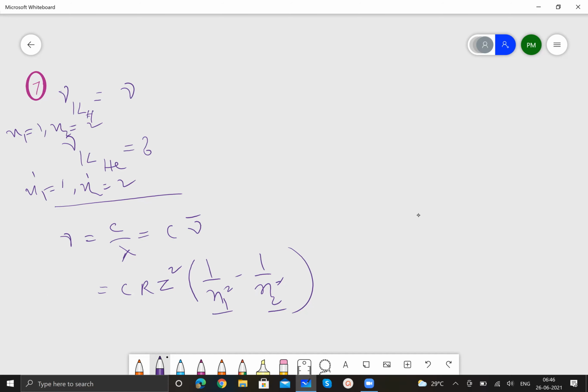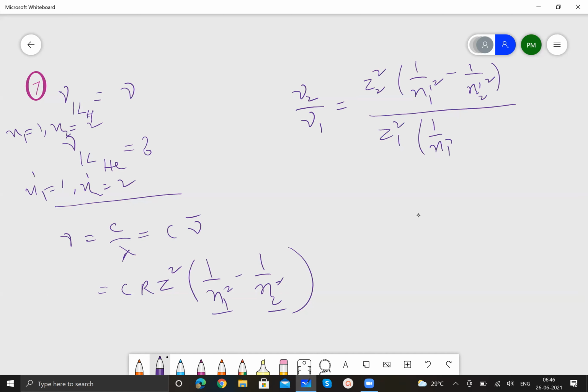So I'll write a general formula. Nu2 by nu1 will be, C and R are constants, Z2 square into 1 by N1 dash square minus 1 by N2 dash square, by Z1 square into 1 by N1 square minus 1 by N2 square. Here, because first line is asked in both, this will be cancelled since N1 and N2 are same for both.